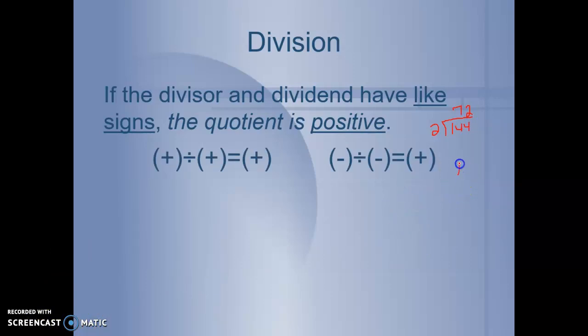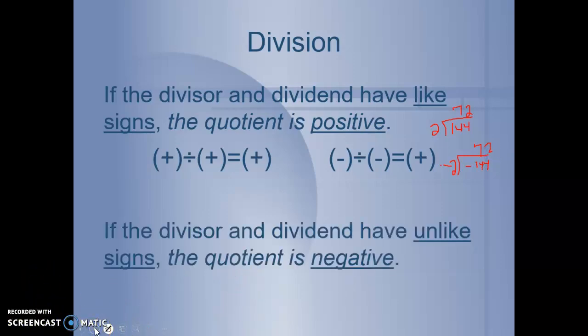If we had two negative signs, negative 144 divided by negative 2, our quotient would still be positive 72 because our divisor and dividend have like signs. They're both negative. If the divisor and dividend have unlike signs, the quotient is negative. So let's do a positive 144 divided by a negative 2. We've got unlike signs here, so our quotient will be negative.